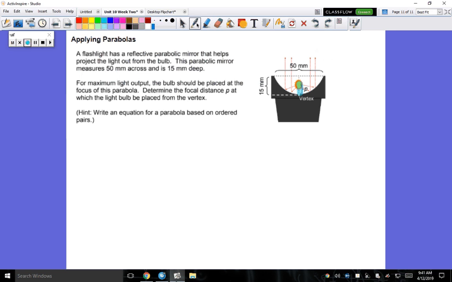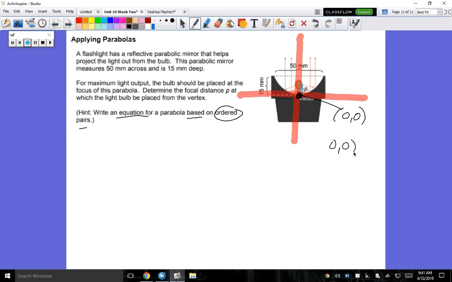The vertex, we're going to draw the vertex kind of representative of being at the origin, if you will. So there's the origin. So the vertex is the origin, (0, 0). And we're trying to write the equation based off of ordered pairs. Well, so far I have (0, 0), which is on the graph, the vertex itself. And then let's pick another point.